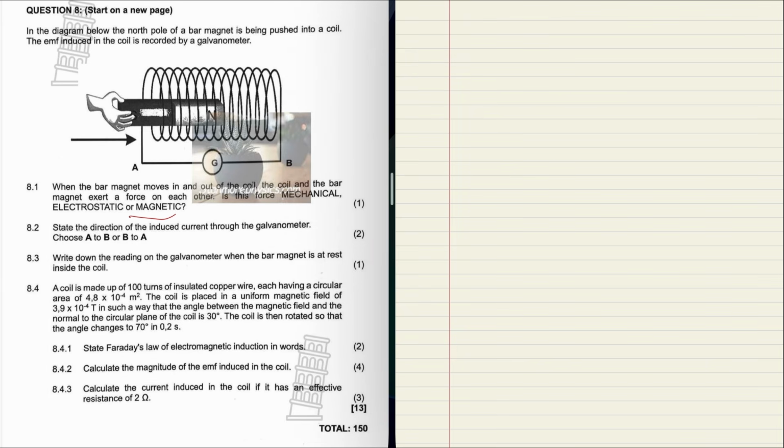Question 8.2, state the direction of the induced current through the galvanometer. Is it A to B or is it B to A? Now here you need to imagine what's going on. So when the magnet is being pushed into the coil or into the solenoid, it is going to want to repel it.